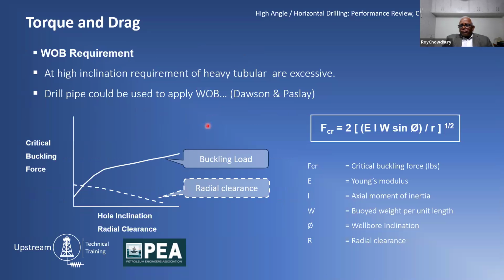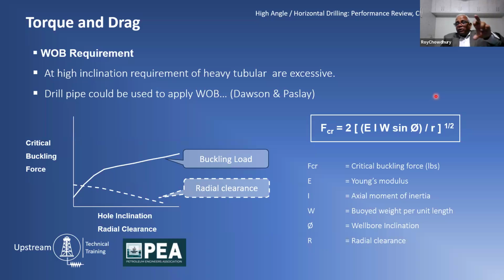Now, in a horizontal well, the challenge is that we are unable to supply much weight on bit. So obviously, one of the things is that in a smaller hole size, it is possible to use part of the drill pipe. Drill pipe, obviously, you are assuming it's in tension.